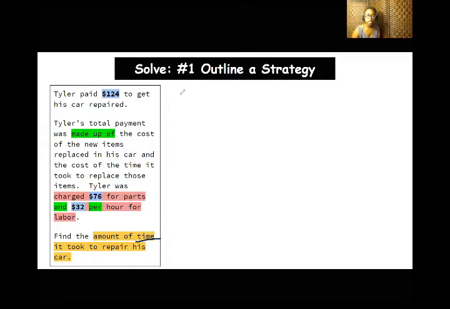So we can say that H equals time it took to repair Tyler's car. So now that we have our unknown, and it's now a variable, H is a variable because it represents a number once we find it, we can use it in our strategy or outline.